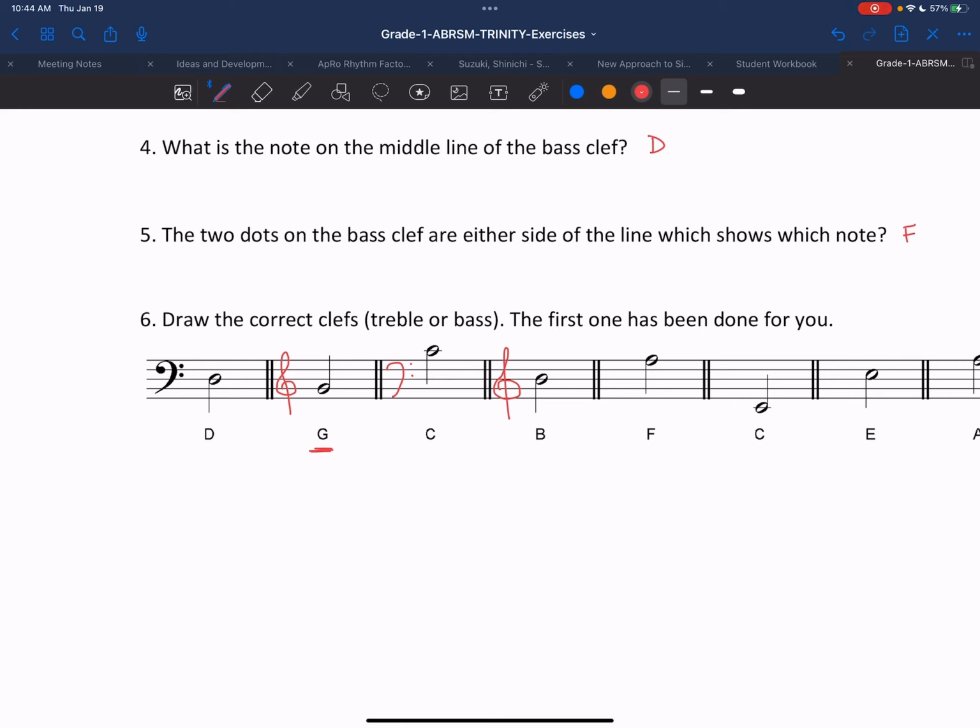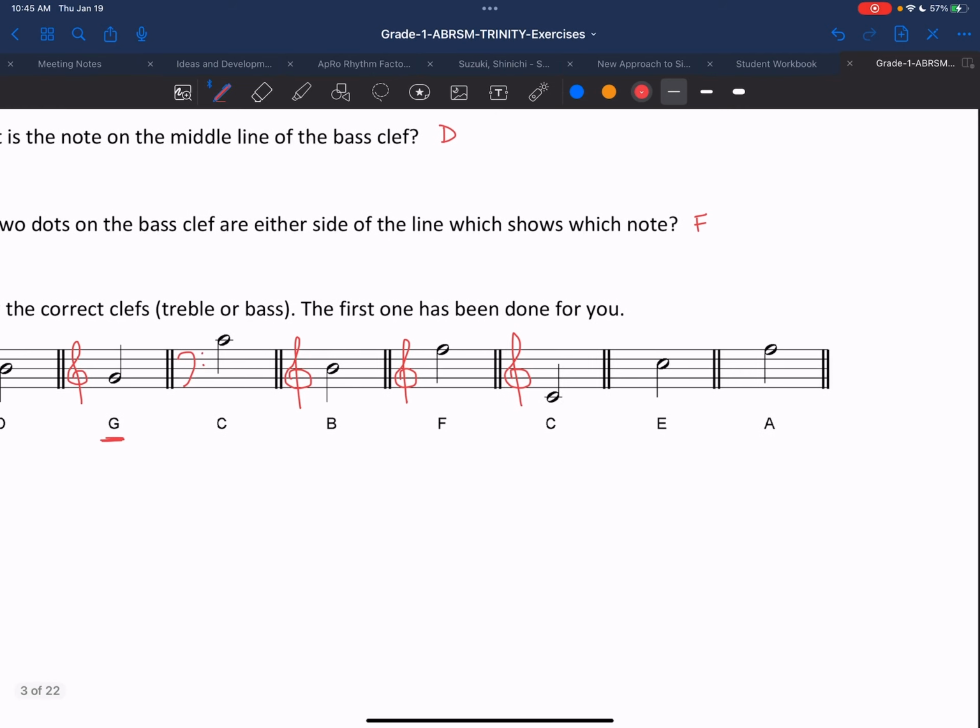For F on the top line, that would be the treble clef again. C, when we are below the line, is going to be on the treble clef. E on the third line is the bass clef.